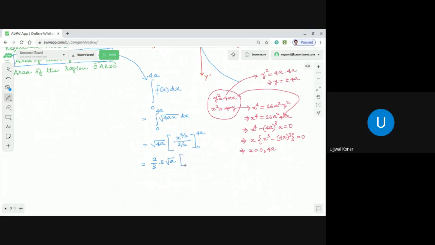Then first it will come 4a to the power 3 by 2 minus 0 to the power 3 by 2, the definite integral. So that is equal to 4a to the power 3 by 2.